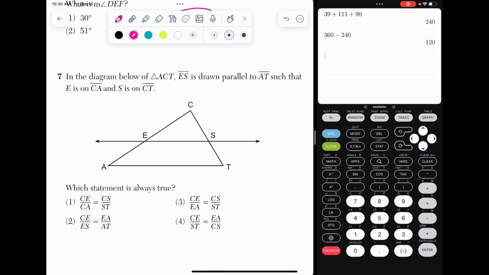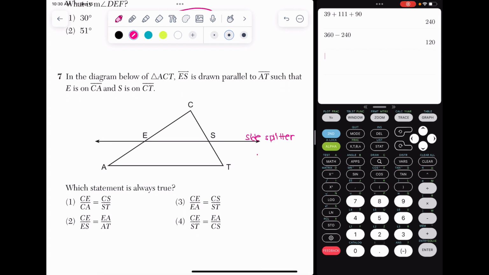Number 7, in the diagram below of triangle ACT, we have ES and AT that are parallel, and we want to know what statement is always true. These questions can definitely be a little tricky to work through, but what I would consider is that this line here, since it's parallel, is what we call a side splitter. A side splitter splits, hence its name, those 2 sides proportionally.